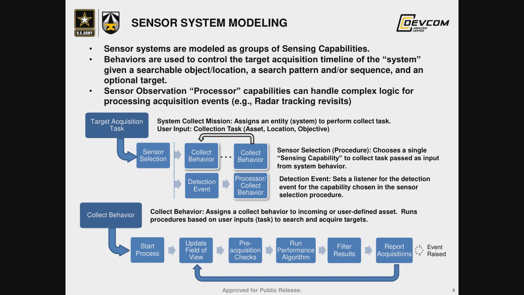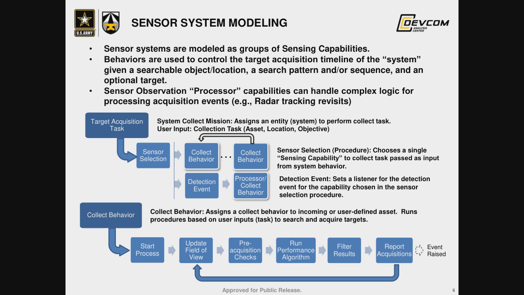Then running the performance algorithm, whatever that might be, getting the output from that performance metric, and assessing that against whether it's just a random draw or some threshold that you need to reach. That would all go into filtering the results, and then you're reporting your acquisition, which would potentially raise events for a detection being made, or maybe there's nothing there.